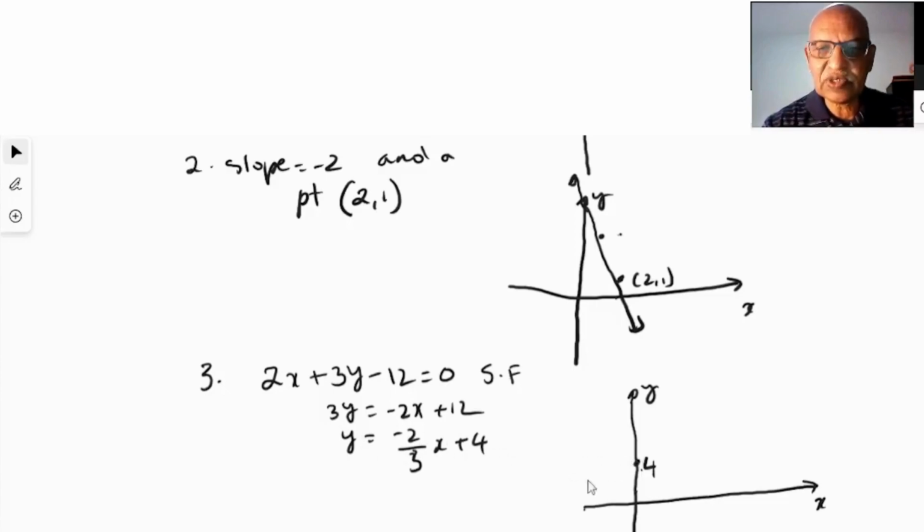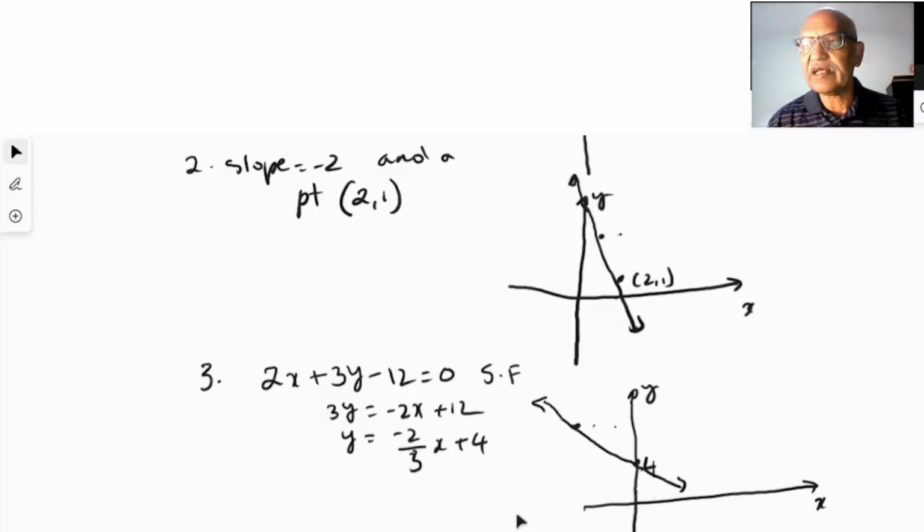Up 2, and then left run is 3, which I take as negative 3. So if the slope is negative, I go up left. If the slope is positive, up right. It is the same thing. If you go down, you will go to the right. So it is the same thing.